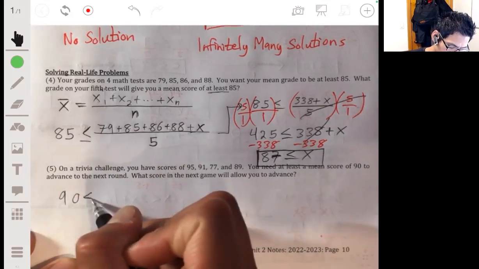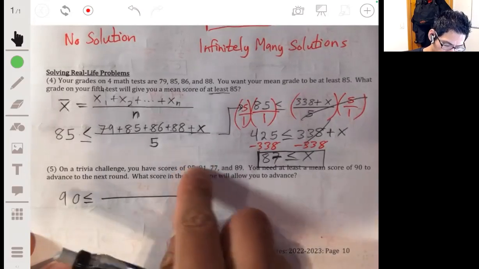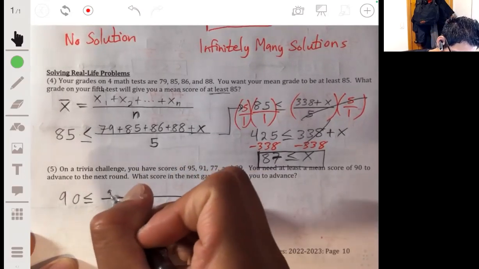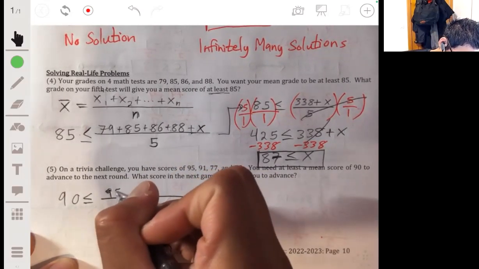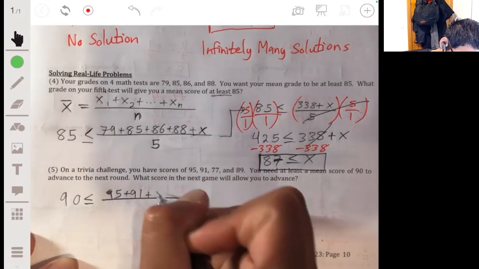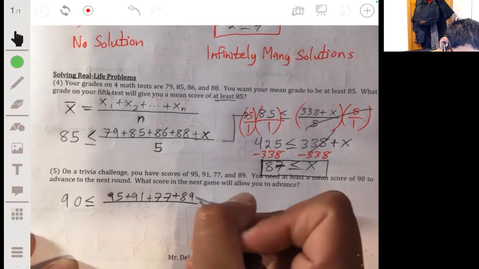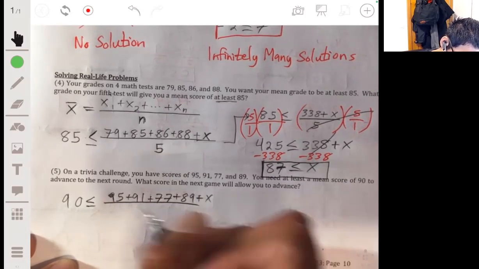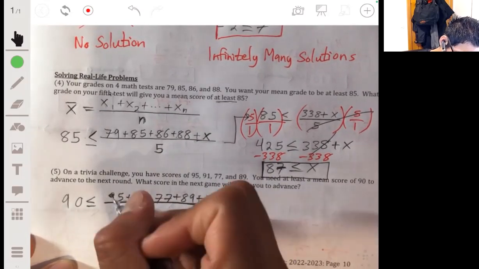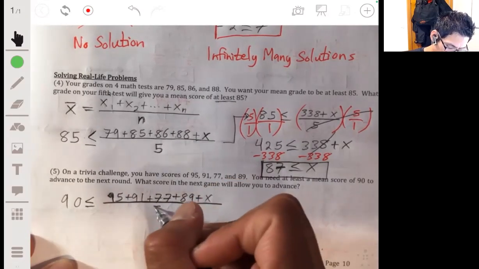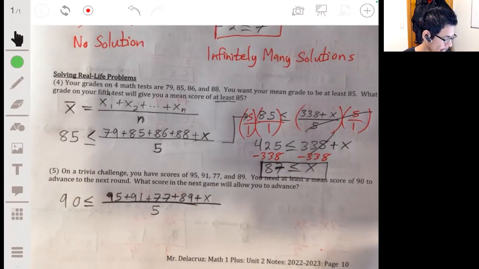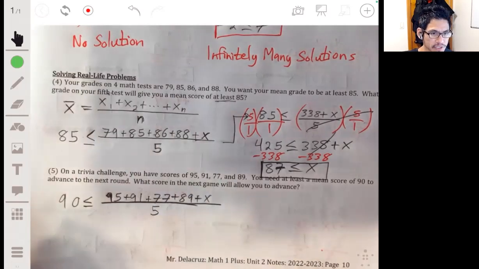So you want 90 to be less than or equal to those four numbers added. 95 plus 91 plus 77 plus 89. Your fifth score, we'll leave it as x. Divide by 5. And we just solve this.